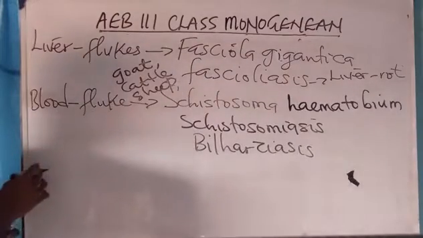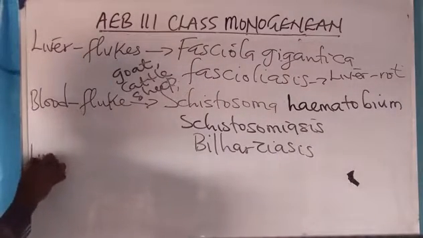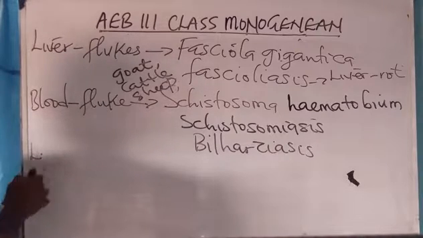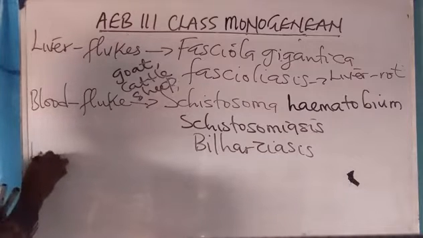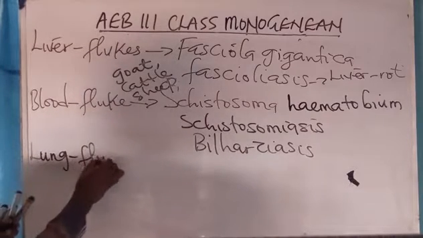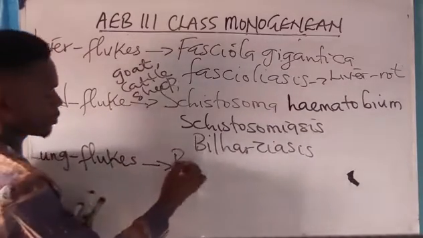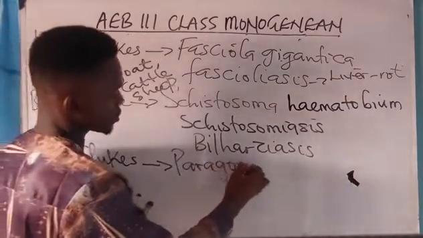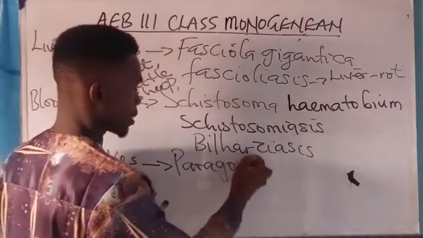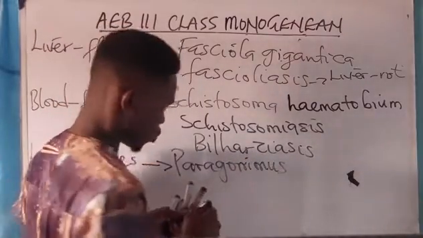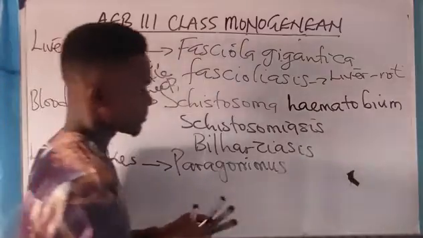Now, some of these organisms are also found in the lungs. Therefore, you call them lung flukes. Lung flukes are called Paragonimus westermani.